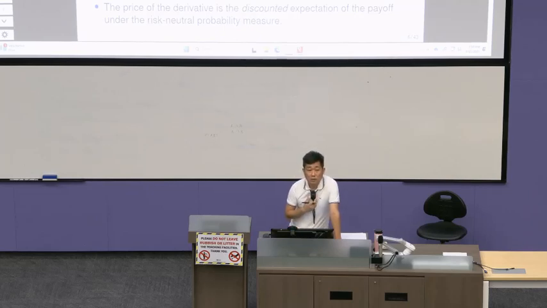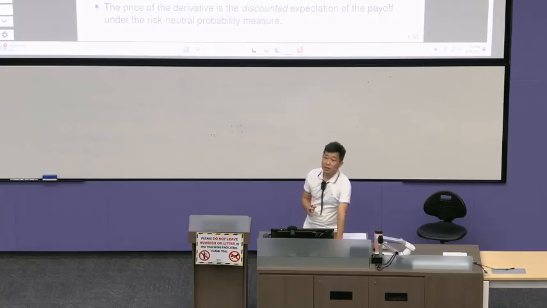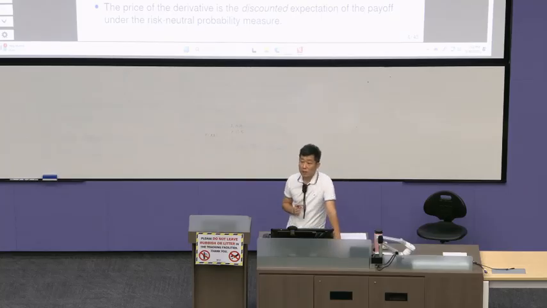So this is the expected payoff of my option under this measure Q. And once we know the expected payoff, we discount it back to today. That's the discounting factor. So that's my price for my derivative or my option.